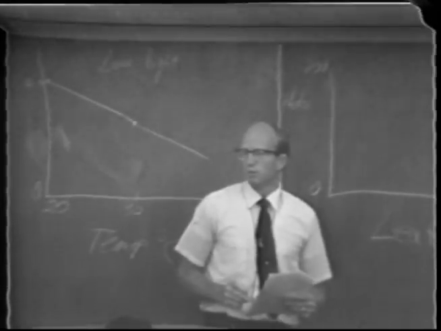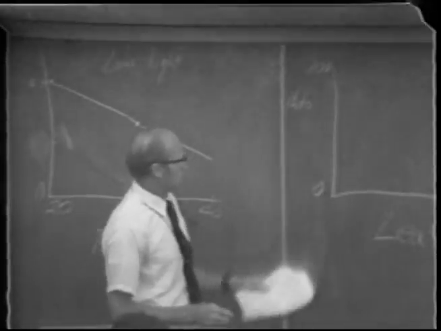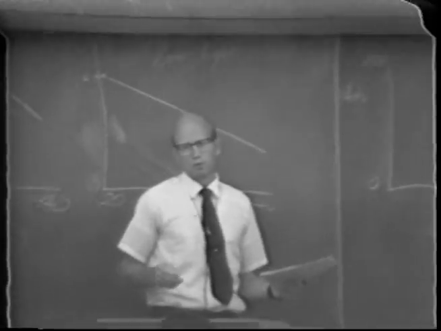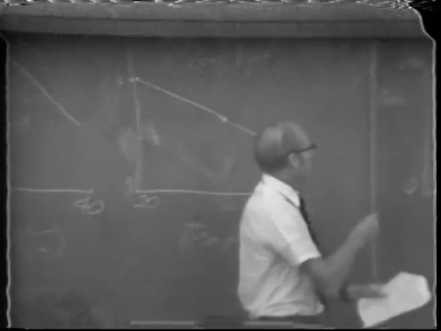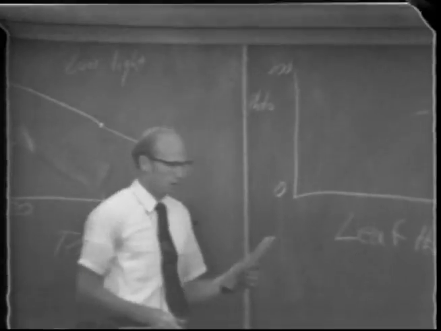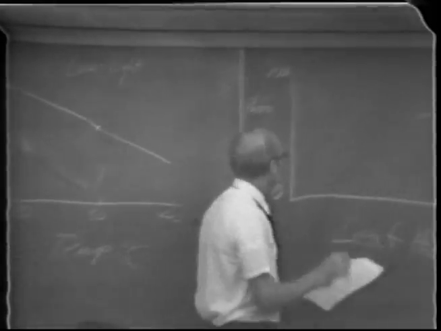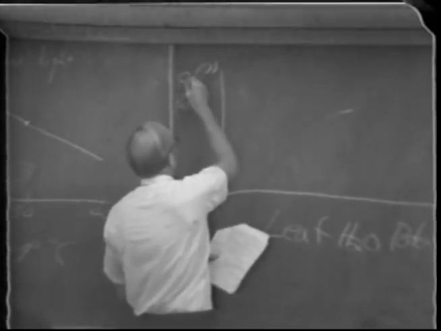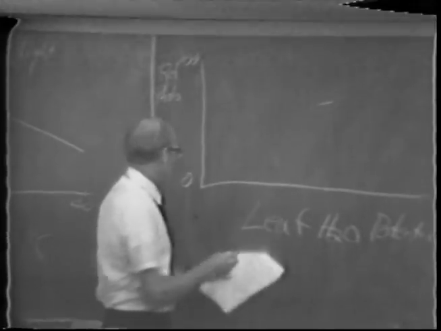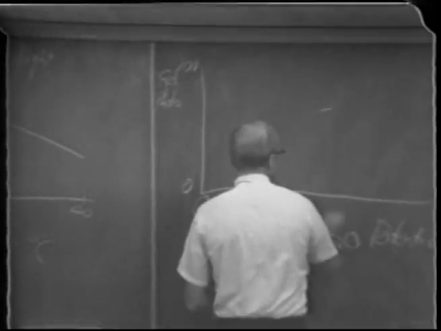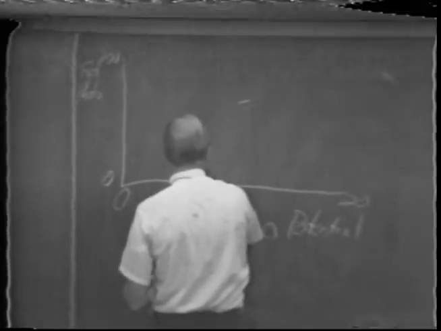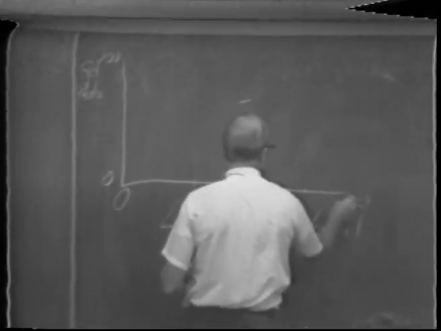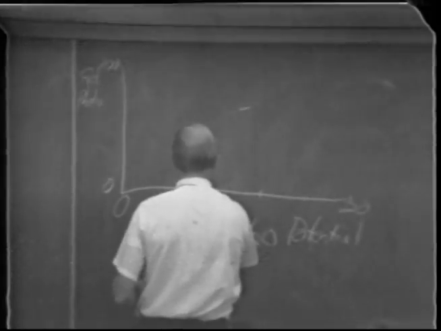This is in terms of relative photosynthesis, in other words, from 0 to 100%. And we go from leaf water potentials here from 0 up to 20 bars. This would be 0, 5, 10, 15, 20.